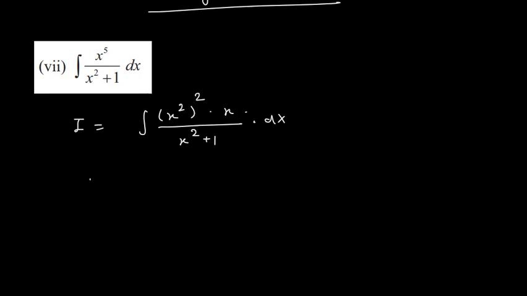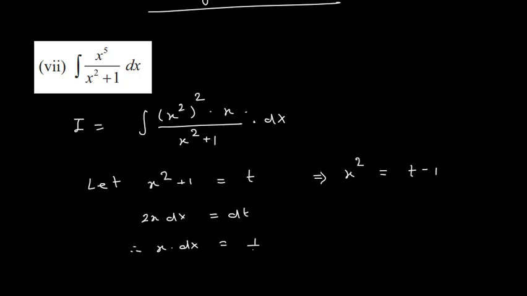Now if I say let x^2 + 1 equal t, then x^2 can be written as t - 1, right? And if I differentiate, 2x dx is equal to dt. So therefore x dx will become 1 upon 2 dt.